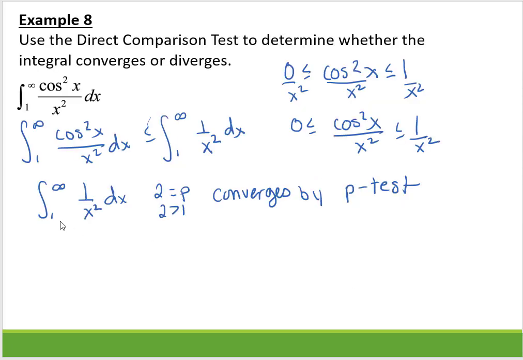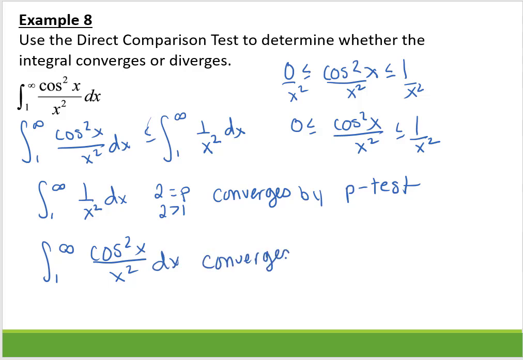If the larger one, the function that's basically on top of the other one, converges, it forces this to converge by our direct comparison test.